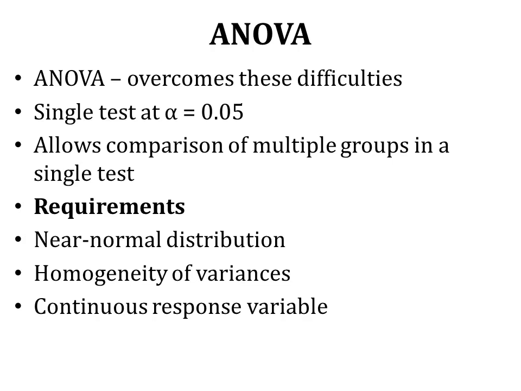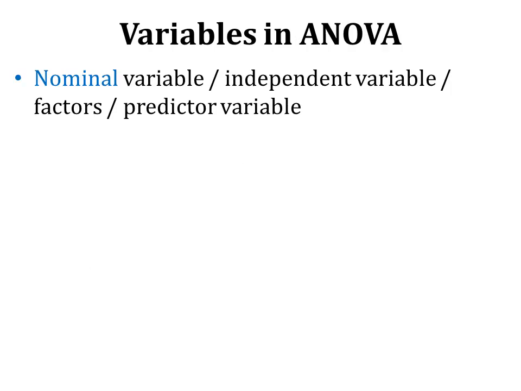Now I have used the term response variable. What is meant by response variable? Are we going to have different types of variables in ANOVA or not? So let's see what types of variables we have in ANOVA. We have basically 2 different types of variables.